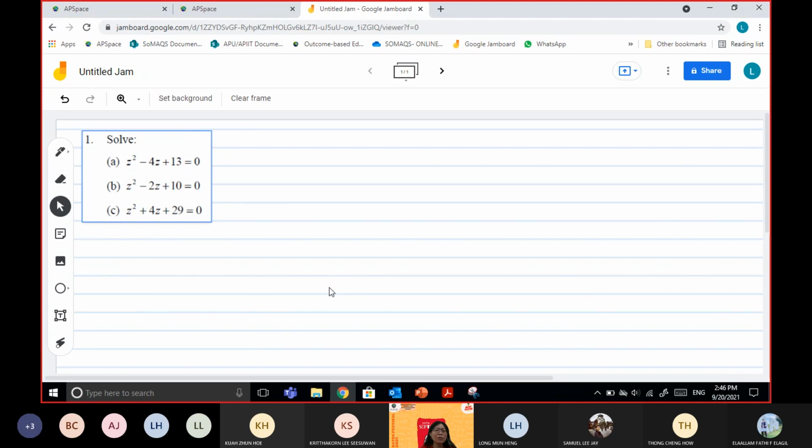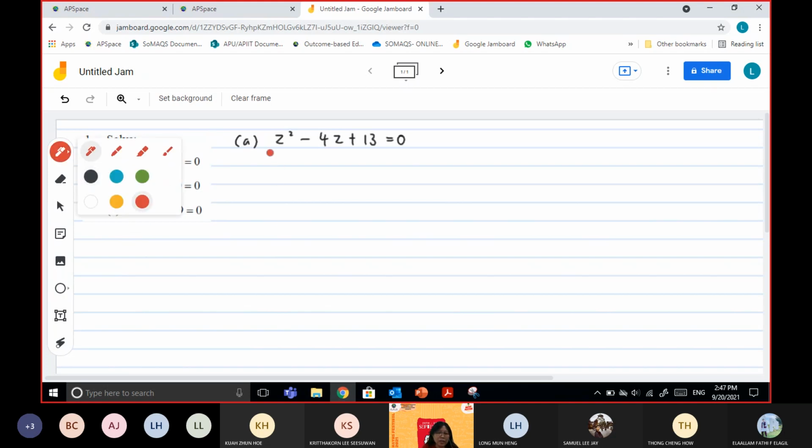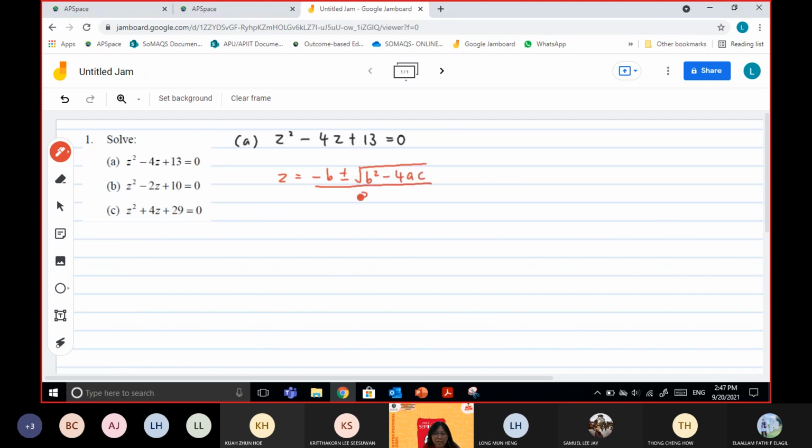Remember how we write this into complex numbers. But when I say write in complex numbers, you must give me the j. Okay, you must give me the j. So if I refer to question A, z squared minus 4z plus 13 equals 0. Let's use the quadratic formula: negative b plus minus the square root of b squared minus 4ac, divided by 2a.